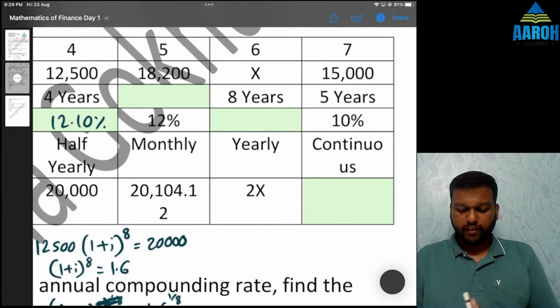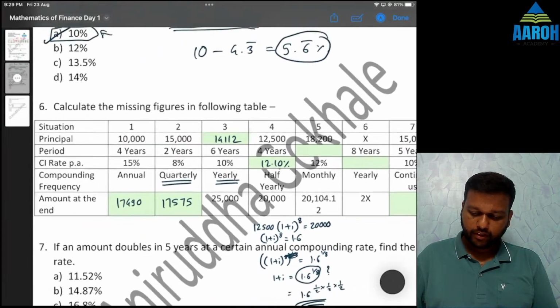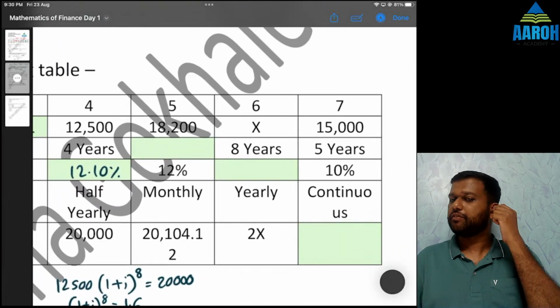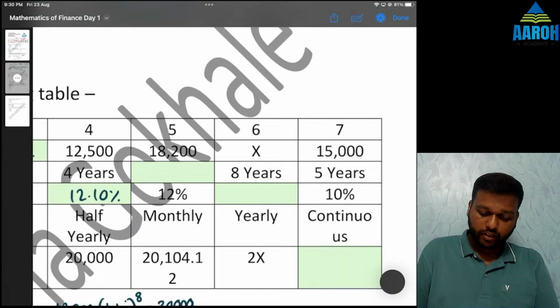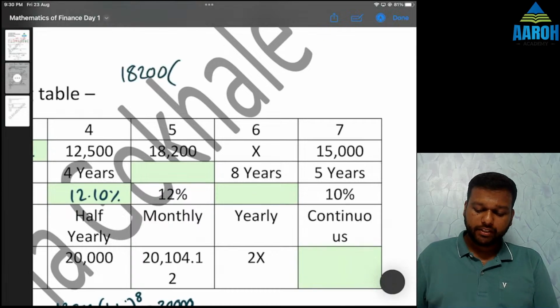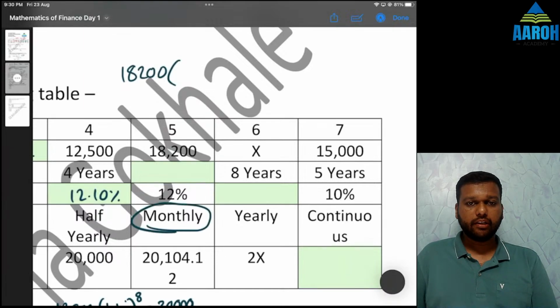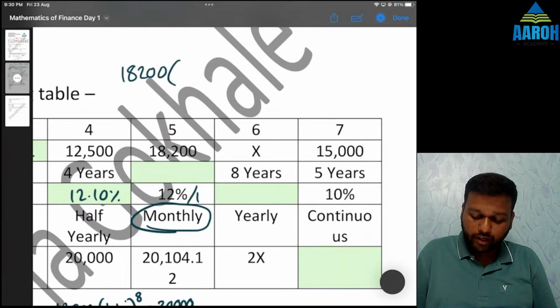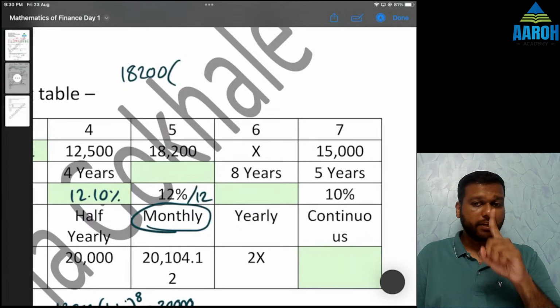Fine. Next, n is missing. When n is missing, you have to do it in a different way. Let's see. 18,200 principal into 1 plus i. Now this is monthly compounding. 12% is per annum, so for 1 month it will be 12% by 12, that is 1%.